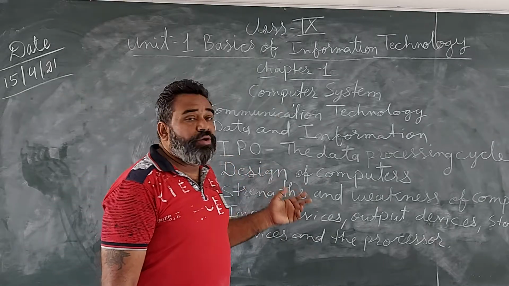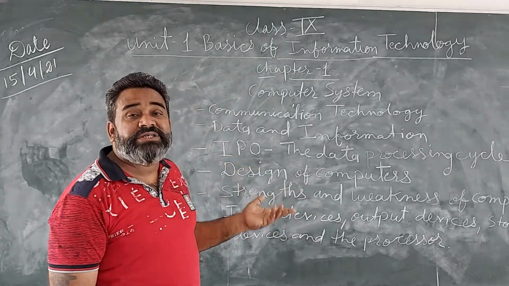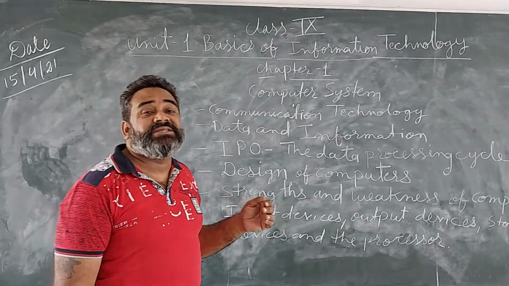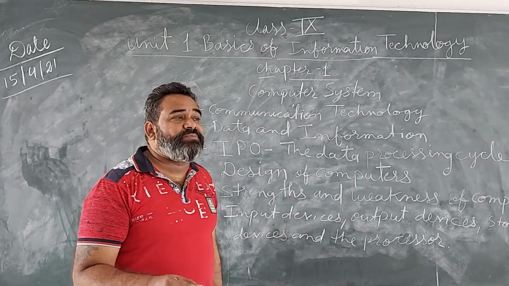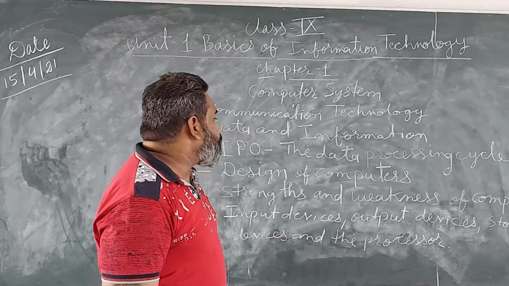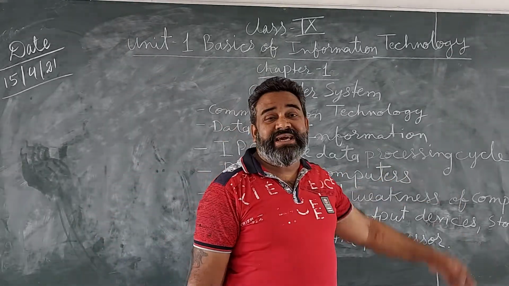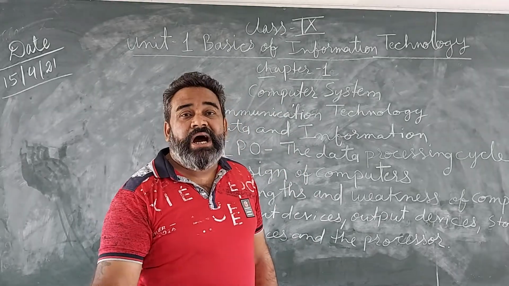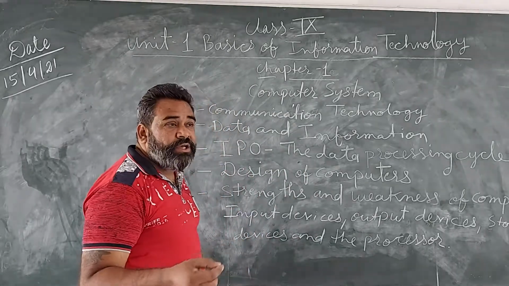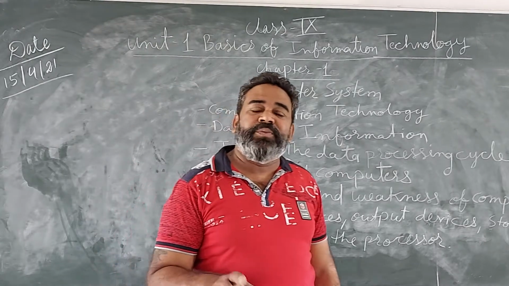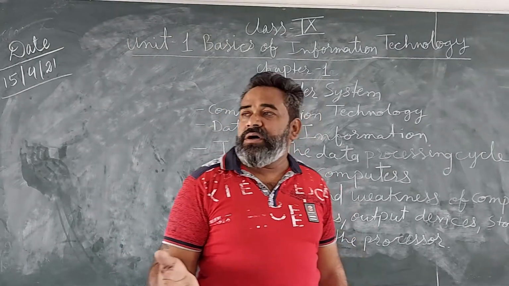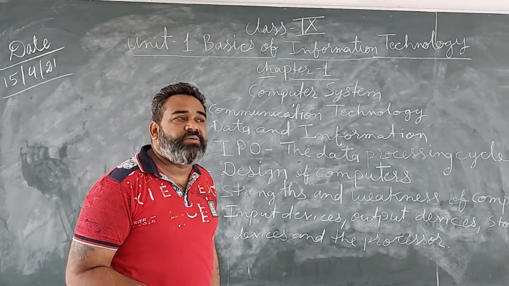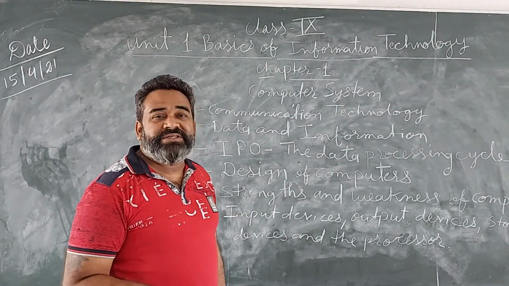Then IPO. We know what the IPO is. In the primary or junior classes, we learned IPO, which means input, process and output, the data processing cycle. It shows how data is handled through processing and output. We use many input devices, such as a scanner, a keyboard or a mouse. These are some of the main input devices.